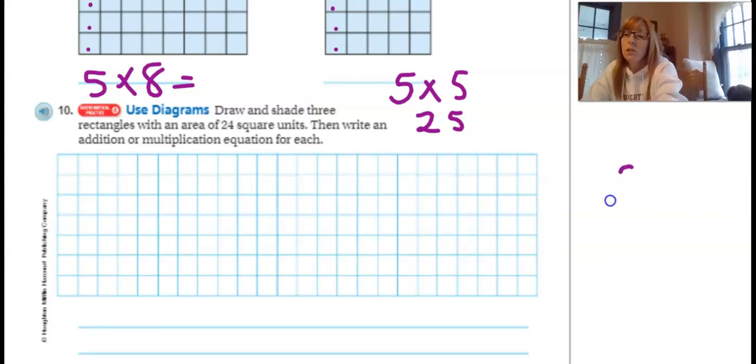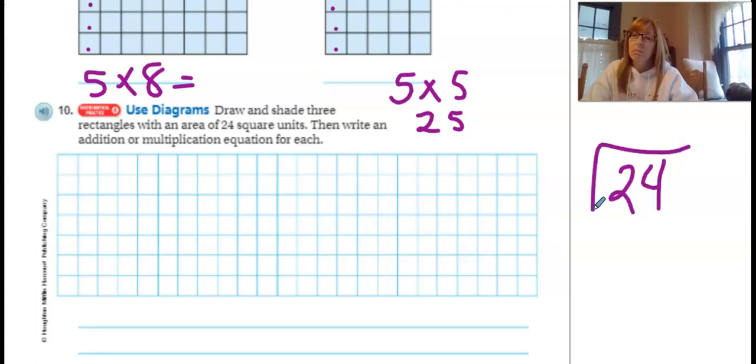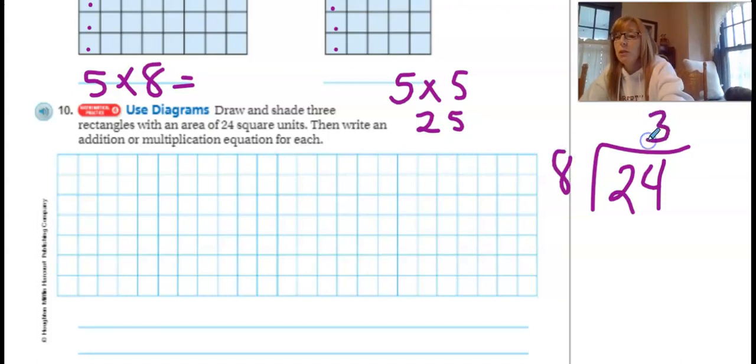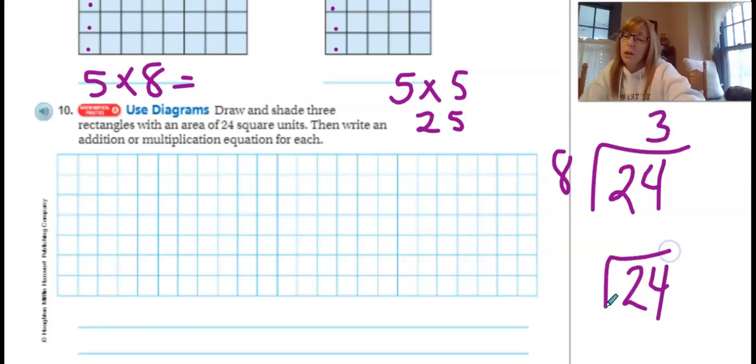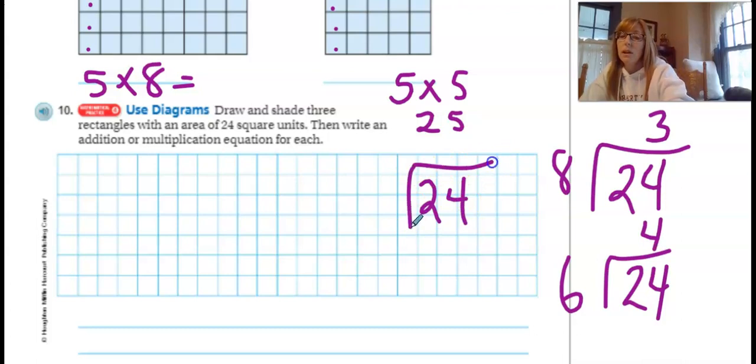So I'm going to do a division problem. 24 divided by, what multiples do I know equal 24? Well, I could do 8 times 3 is 24, but that's not the only one. How about 6? You are correct, 4. And there's another one, 4 and 6. How about 2? And you are correct.